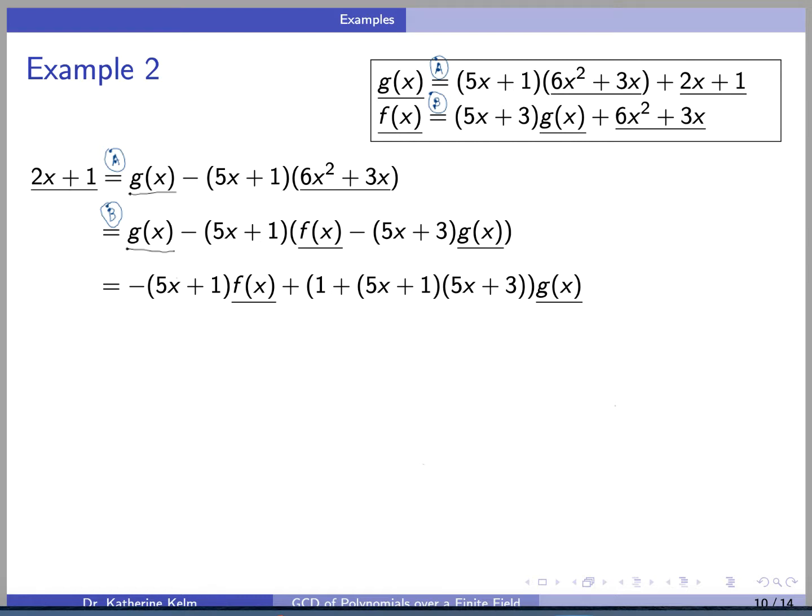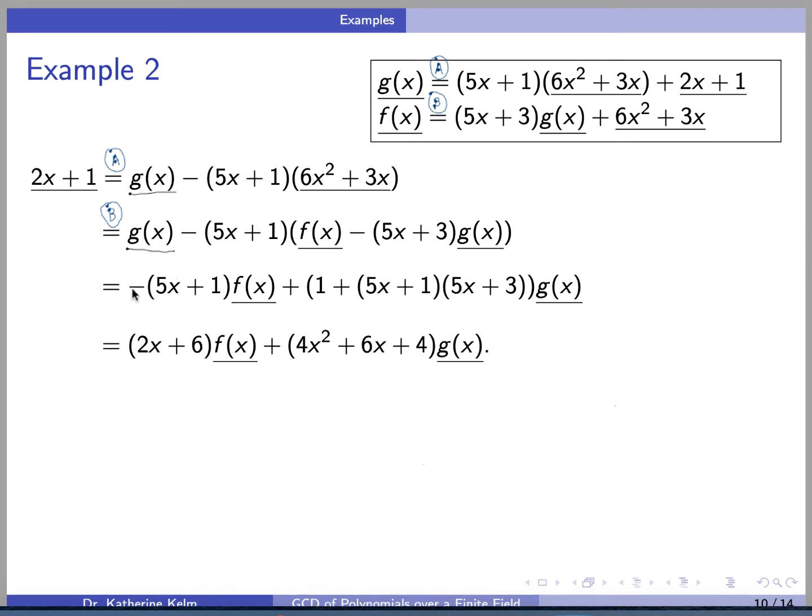Further simplification gives us this. Negative 5x is the same as 2x in Z7. Negative 1 is 6. Then multiplying out this factor and combining the like terms and taking everything mod 7 gives us 4x squared plus 6x plus 4.